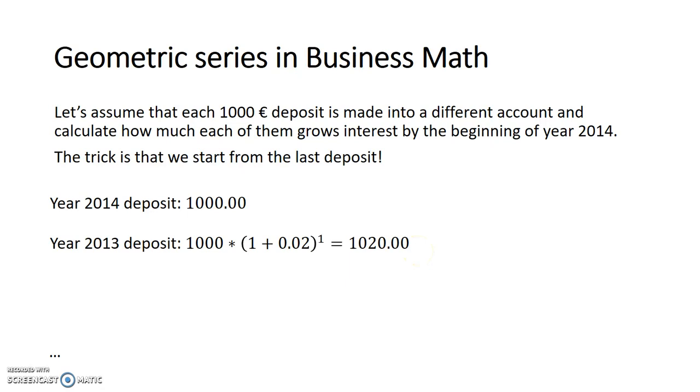Let's keep on going backwards. So now we go to year 2012. Once again, deposit 1,000 euros. We think separately on a separate account, but that has grown interest for 2 years. So from 12 to 13 and 14. So now the exponent is 2.